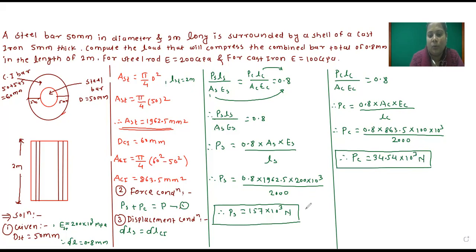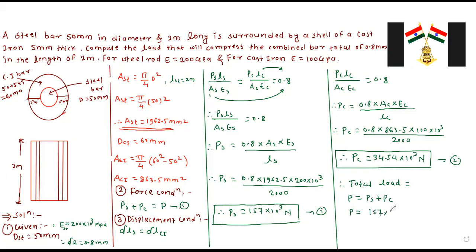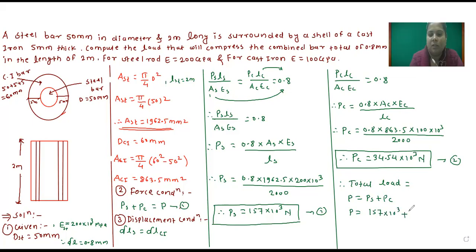Okay. Now suppose this is our equation 1 and this is equation 2. So now we have to find out total load. Okay. So how to find out total load? Total load P is equal to PS plus PC. So P is equal to PS, which is 157 into 10 raised to 3, plus PC, which is 34.54 into 10 raised to 3.